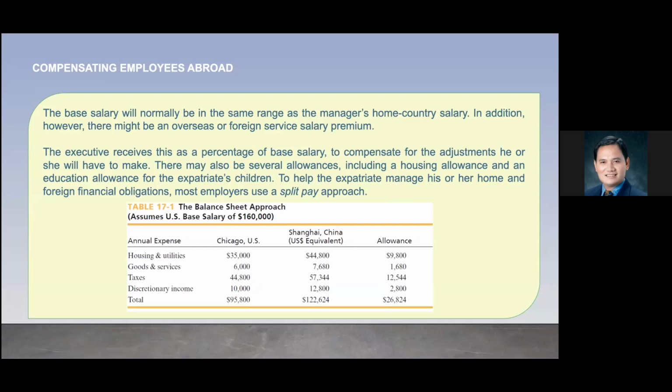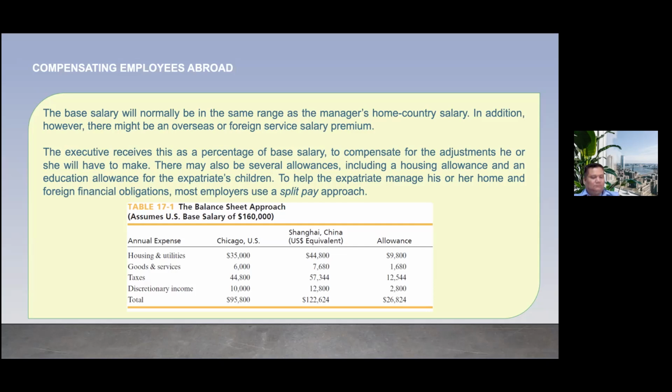The executive receives this as a percentage of base salary to compensate for the adjustment he or she will have to make. There may also be several allowances, including a housing allowance and an educational allowance for the expatriate's children. To help the expatriate manage his or her home and foreign financial obligations, most employers use a split pay approach. They pay, say, half a person's actual pay in home country currency and half in the local currency.